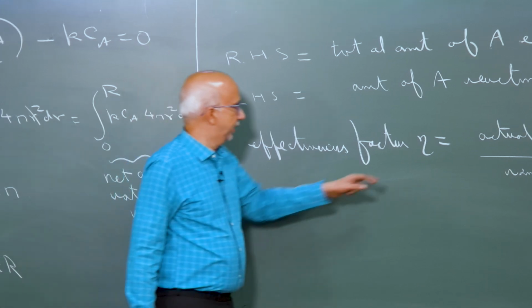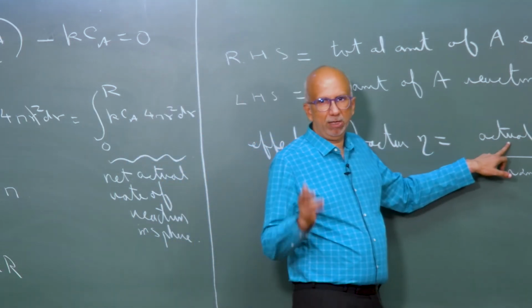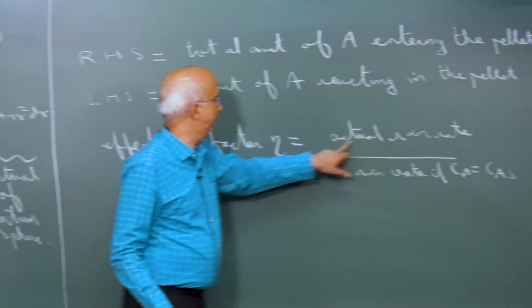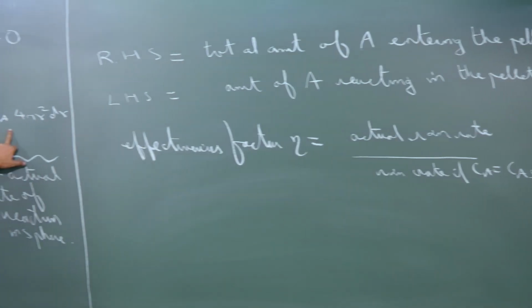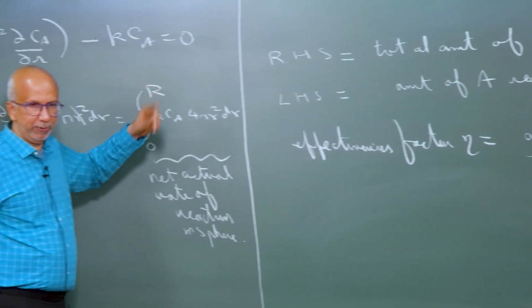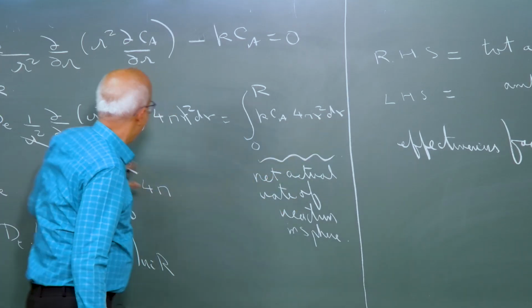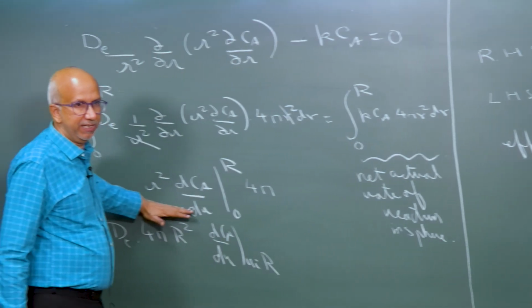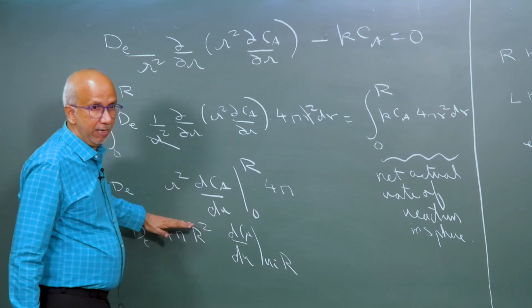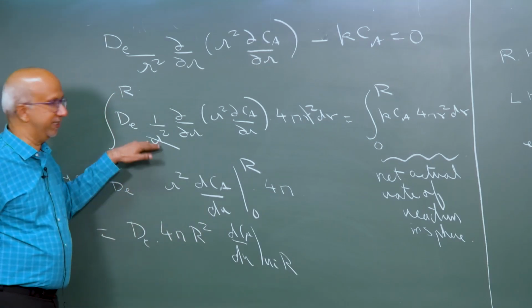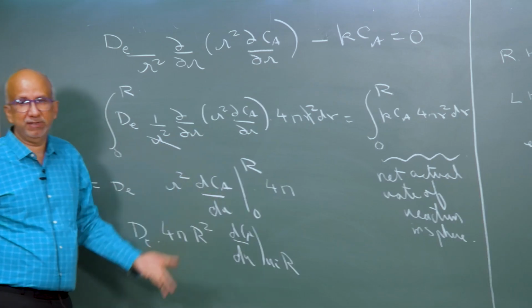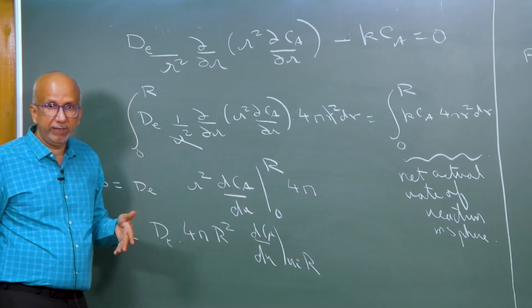The point is, the numerator can be evaluated in two ways. The numerator can be evaluated using the right hand side, which means you solve the differential equation and then do the integration, or you solve the differential equation and then carry out the differentiation. So this is much easier. Okay. Finding out the left hand side is much easier because all you have to do is differentiate the solution, evaluate it at r equals R.